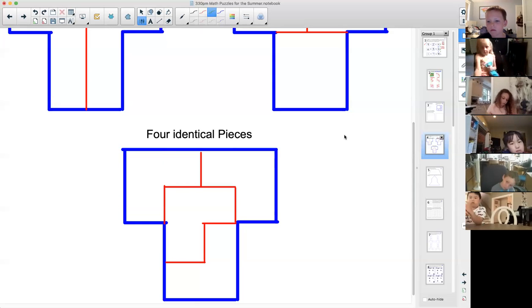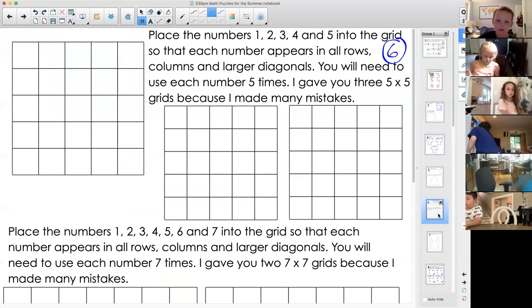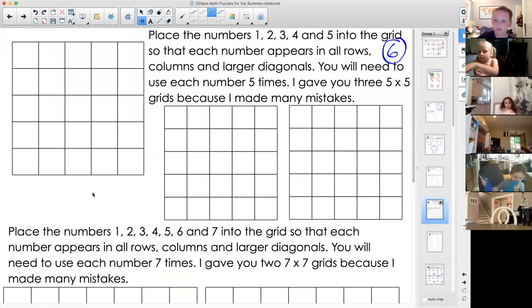But now I want to do a number puzzle. Would you guys like to do a number puzzle with me? Yeah. Okay, everybody go to page 6, please. Everybody go to page 6. I'm lowering everybody's hand just to make sure it's clean. Now, I found this one really challenging.